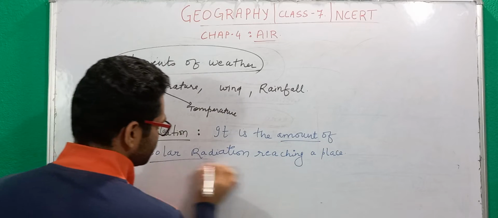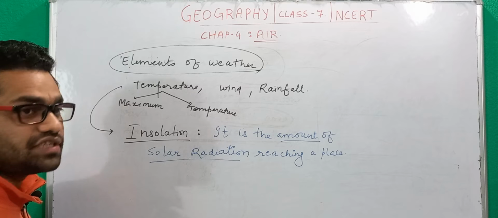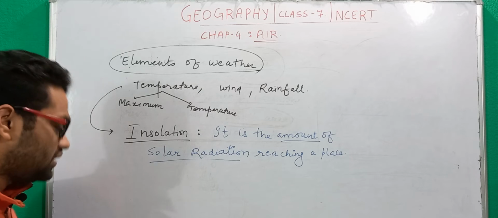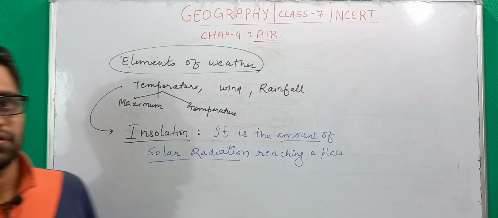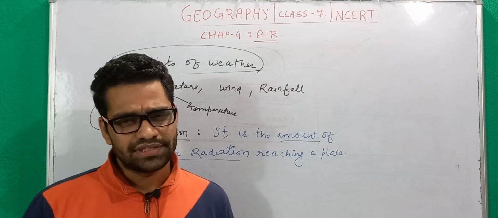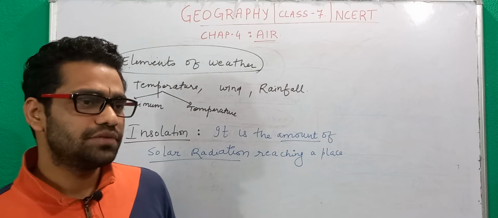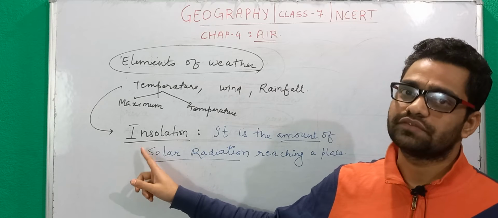You know what solar radiation is? The amount of heat that is coming from the sun is called solar radiation. So insolation is the amount of heat that a place gets. The temperature of a place depends on many other factors, but insolation is the most important factor.